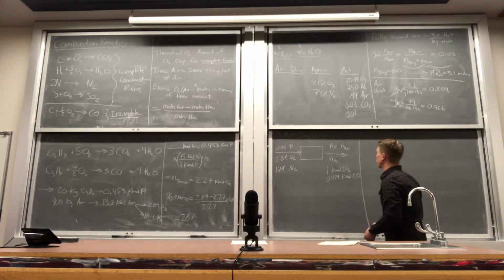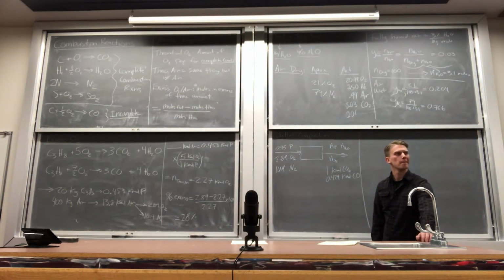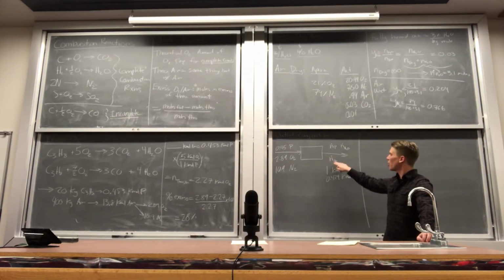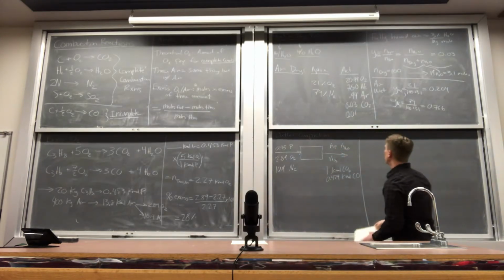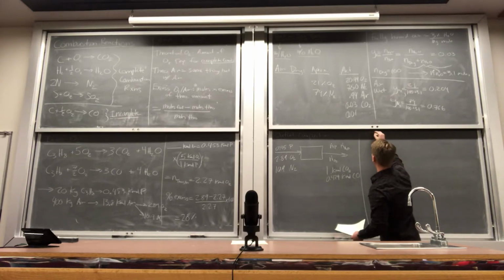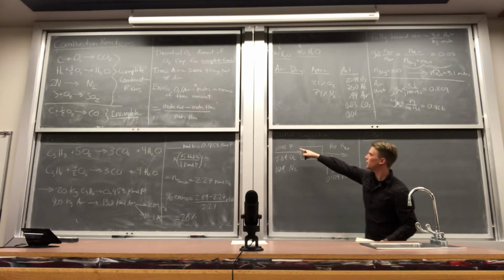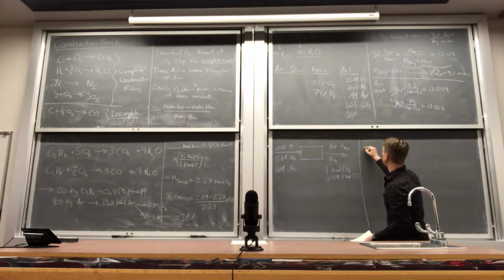Which one should we start off with? Carbon. Why carbon? Is there any carbon in this unknown? No. Is there any carbon in this unknown? So we only have one unknown that has carbon in it. So if we do our C balance, coming into the system, we have 0.45 propane.